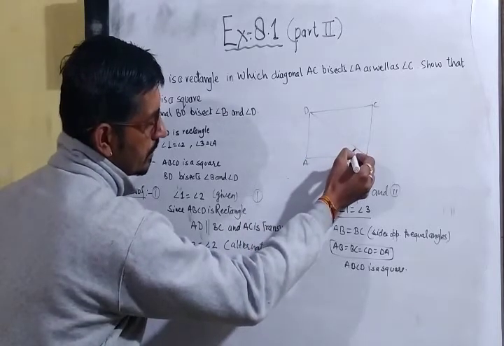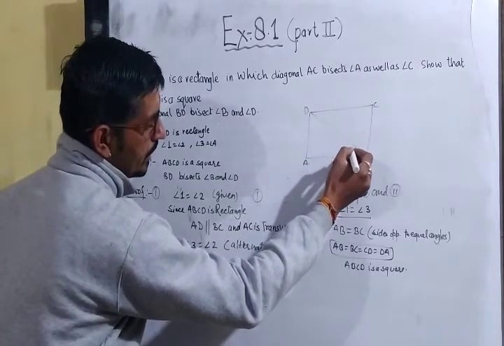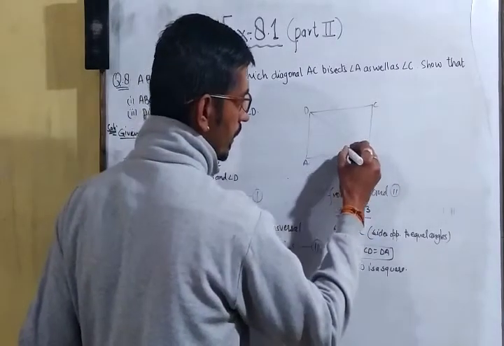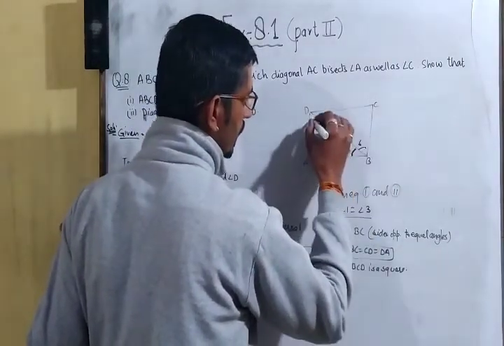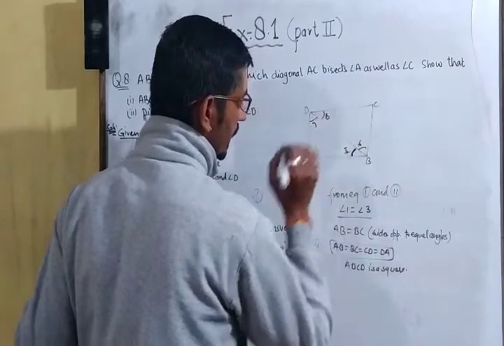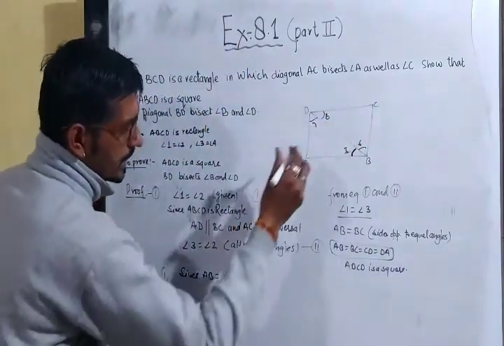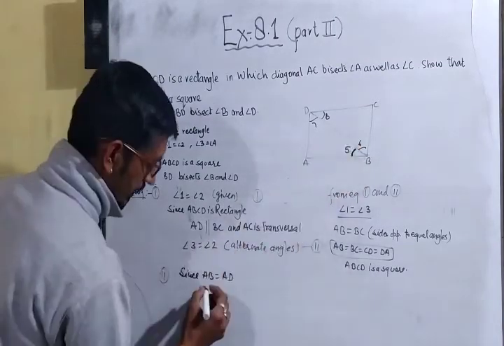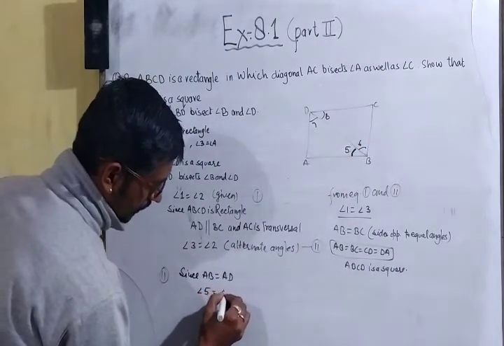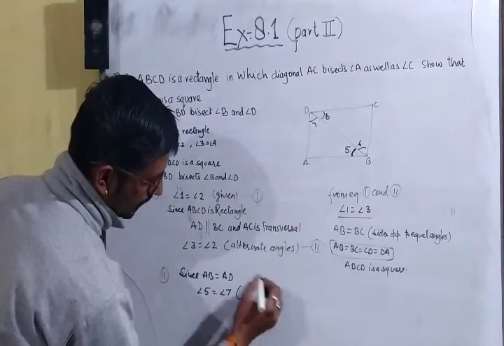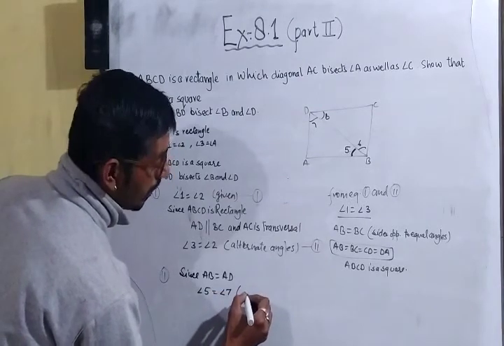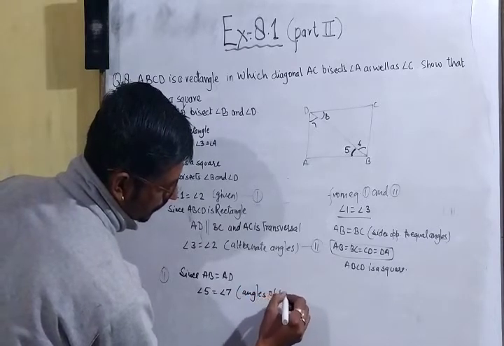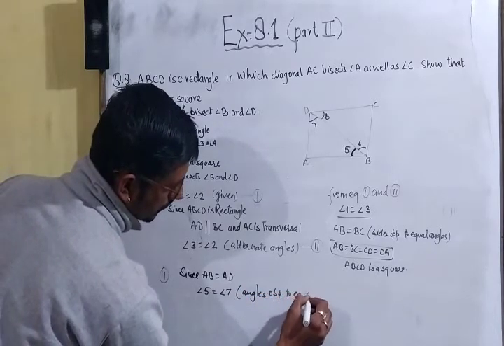This angle, let's suppose it is 4 we have done, this is 5, this is 6, this is 7, this is 8. So angle 5 is equal to angle 7. Here you will write the same reason: angles opposite to equal sides.